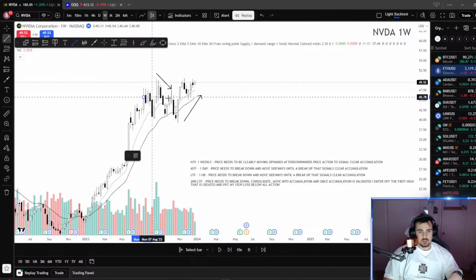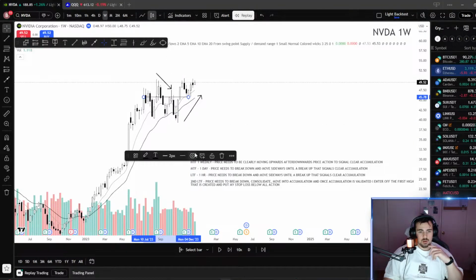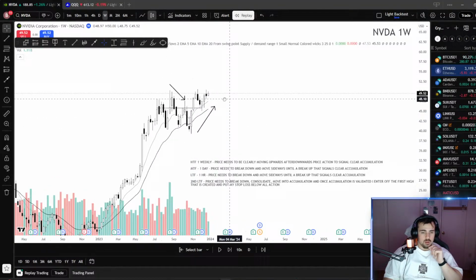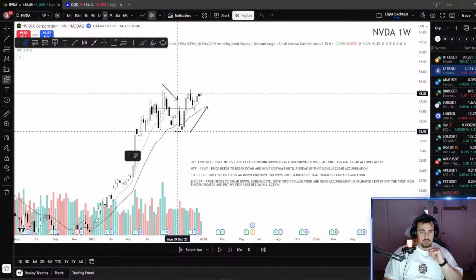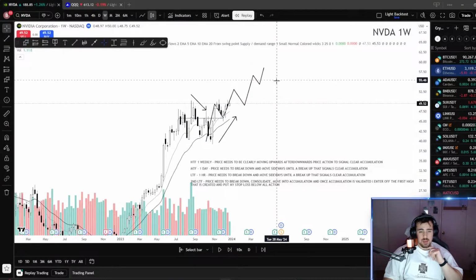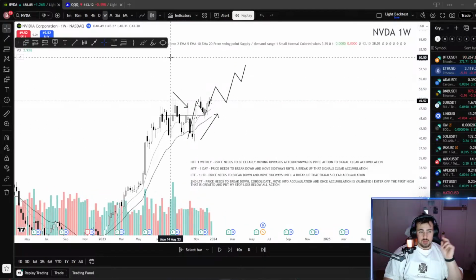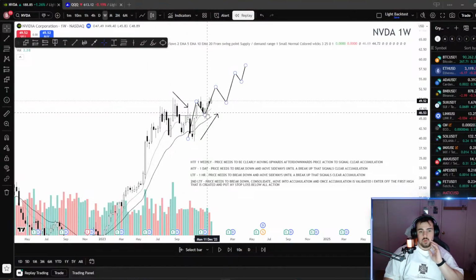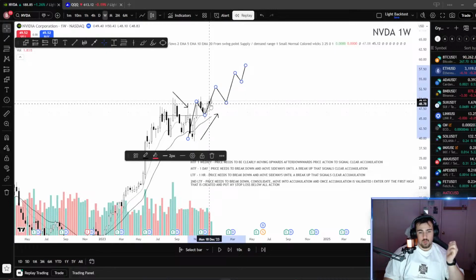It accumulates past this point here, and we now have upwards or bullish moving price. And we expect it to do something like this. That's the overall expectation because we know once a trend is in motion, it wants to stay in motion. Even if it doesn't, that's what we're going to assume. So once the price is in motion, we treat it as it wants to continue.